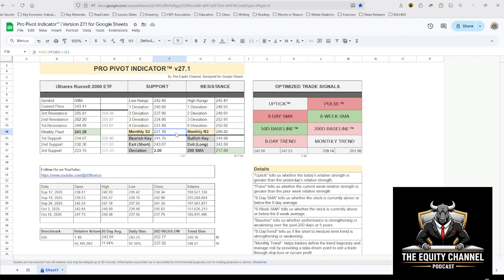Whenever I'm looking at the range, let's say I'm looking at the range right here, the low range and high range, what I'm looking for is, as I break above the high range, I'm going to be looking for the market to be breaking above and closing above 50 on the RSI.